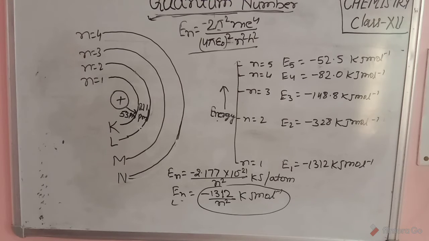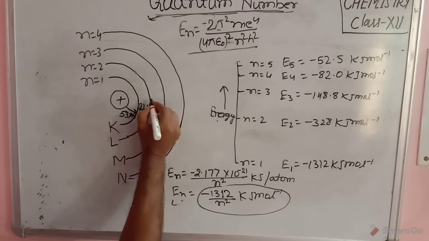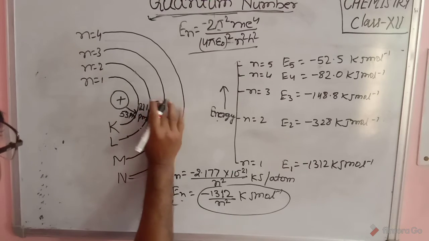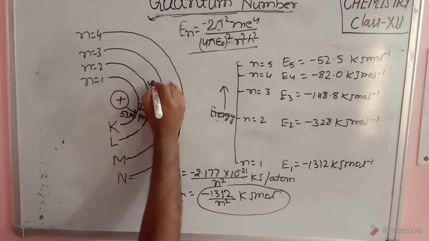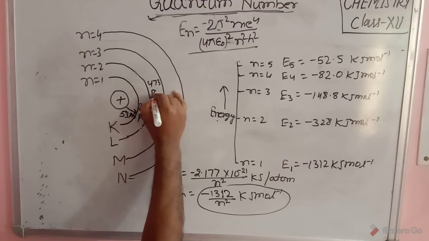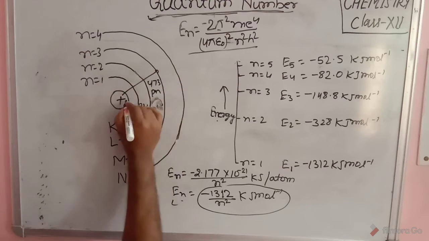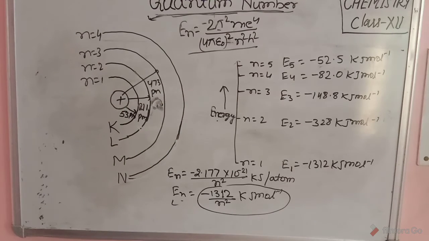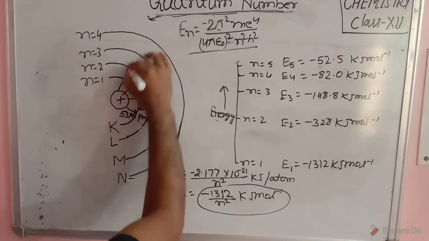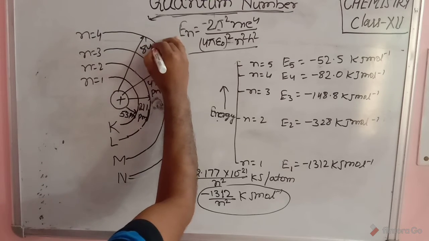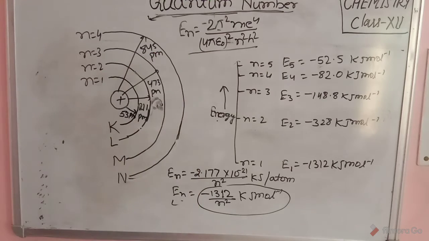For the third shell, that is if n is equal to 3, it is 473 pm, and for the fourth it is 845 pm.